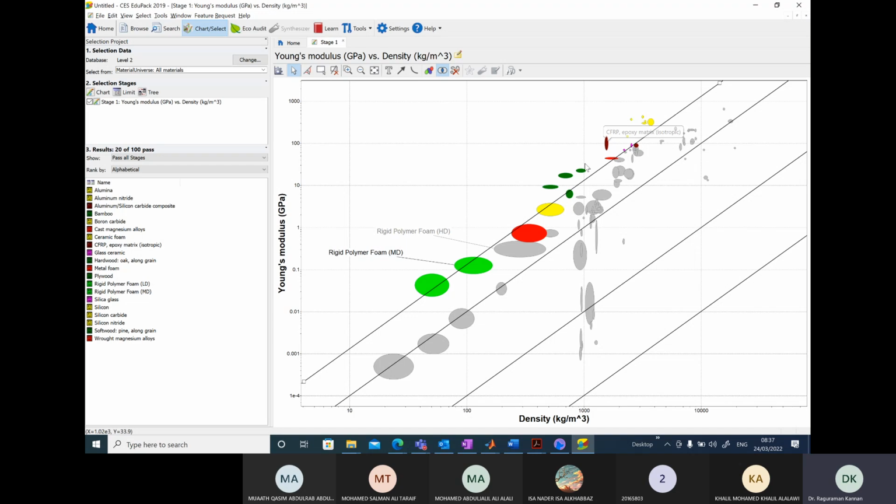So here, if I see all these bubbles, what I see is some composite materials, maybe some ceramic materials. Obviously, for a beam, a composite and a ceramic material will not work. It's not going to work for your application.